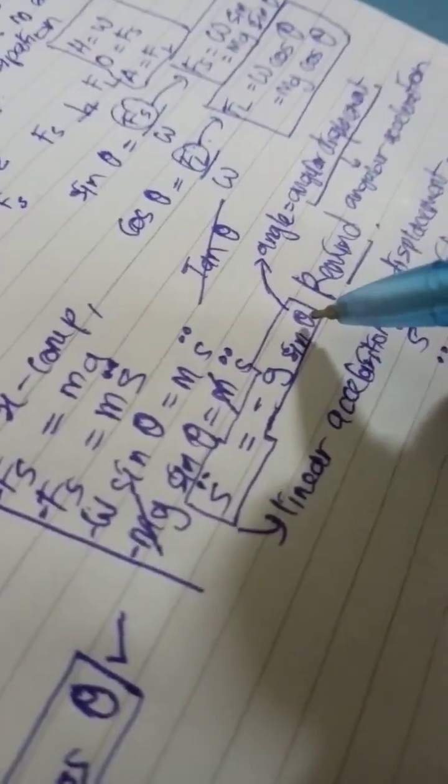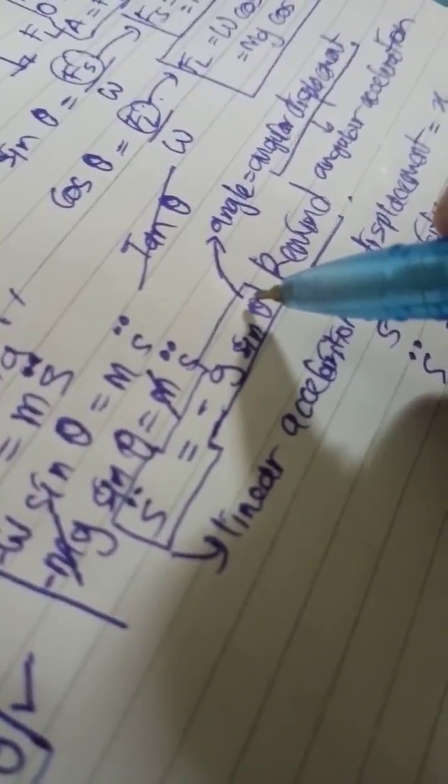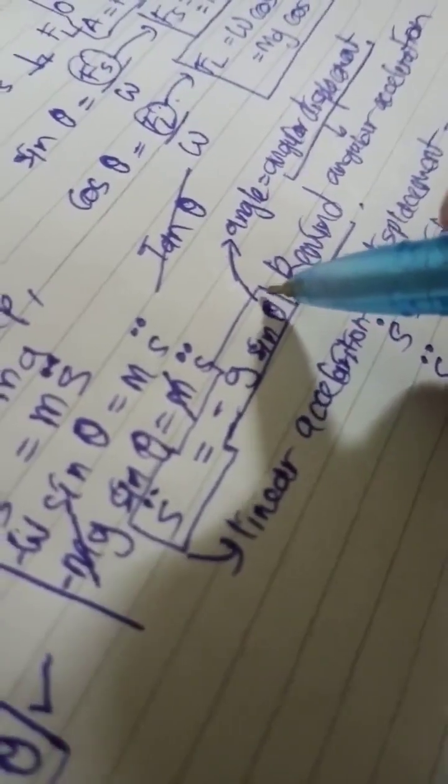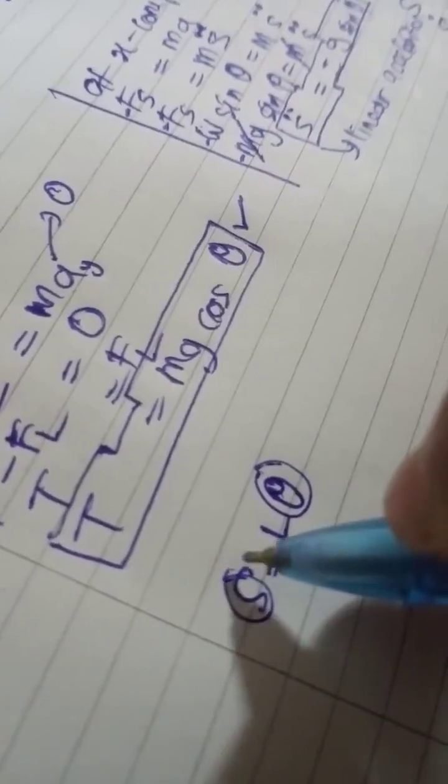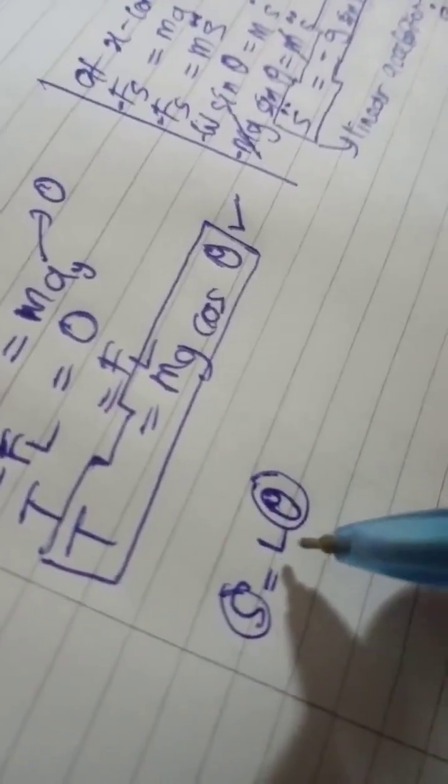When we differentiate theta two times, first we cannot differentiate directly from here; we have to differentiate from this equation. We know that s is equal to L theta. As I said, both can change as a function of time, except L. So s with respect of time t is equal to L theta with respect of time t.